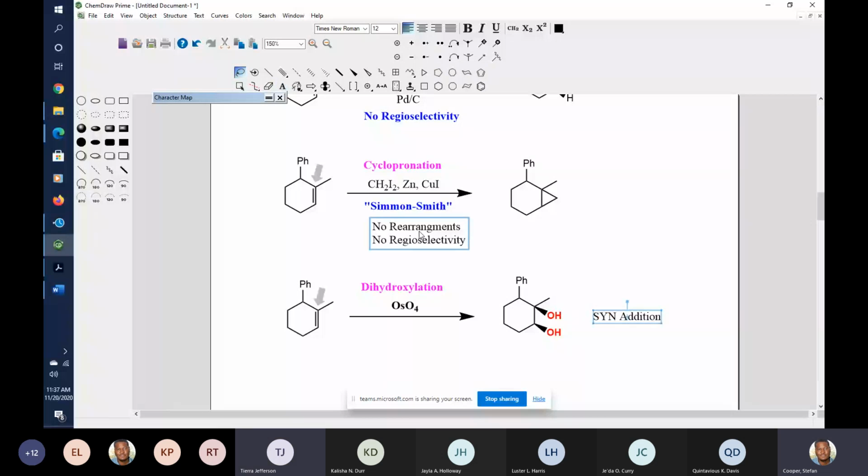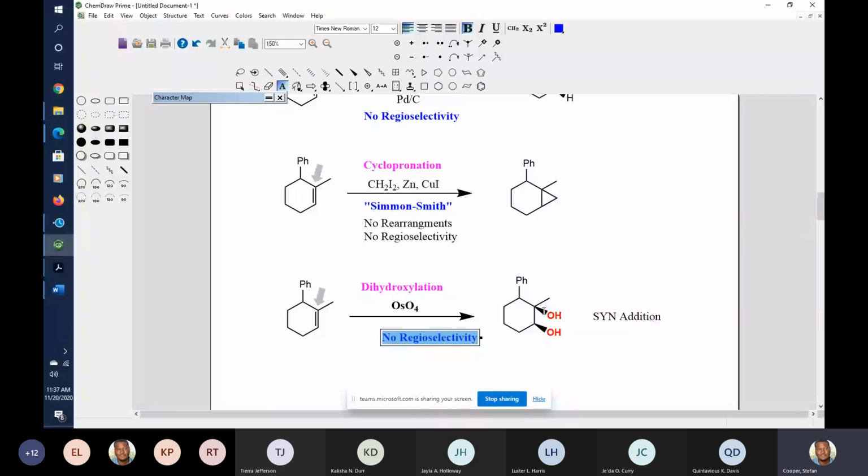Is there any regioselectivity for this? No, that's right. How do you know there's no regioselectivity? Because there are two of the same atoms being added across the double bond, OH, OH. Markovnikov or anti-Markovnikov is looking for the larger atom.